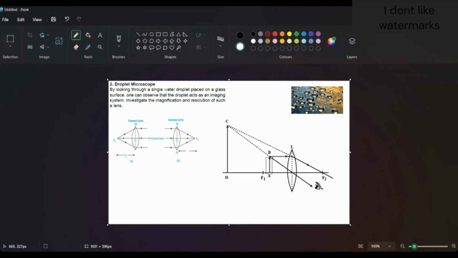From B we can draw two rays. From what we've seen in these diagrams, the first ray will pass parallel to the principal axis, and after refracting from the lens, it will pass through F2. The second ray passes directly through the optical center, the center of the lens, and will pass undeviated.